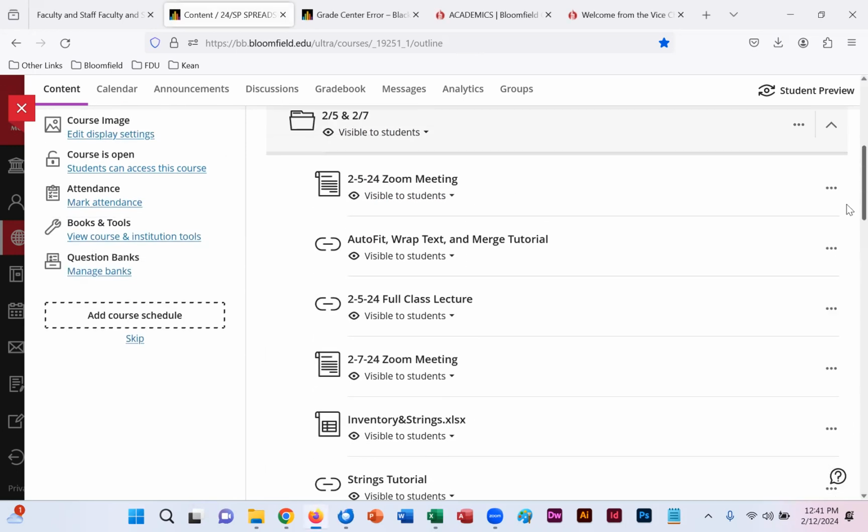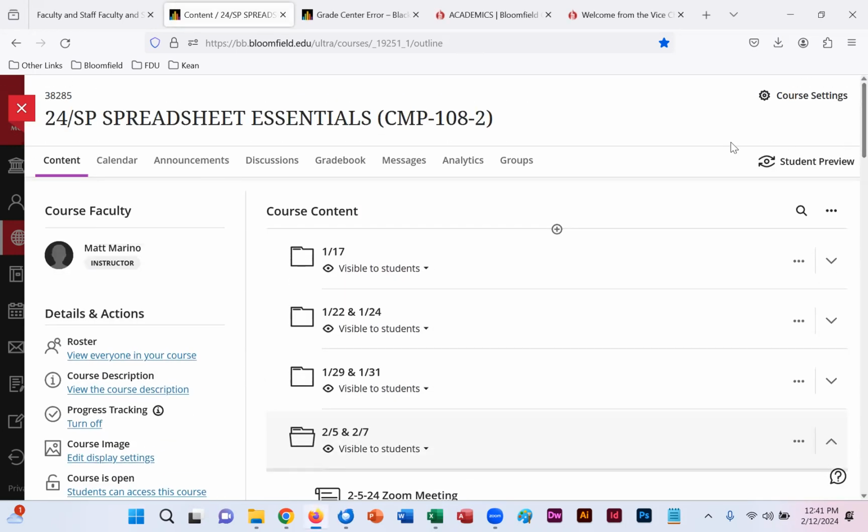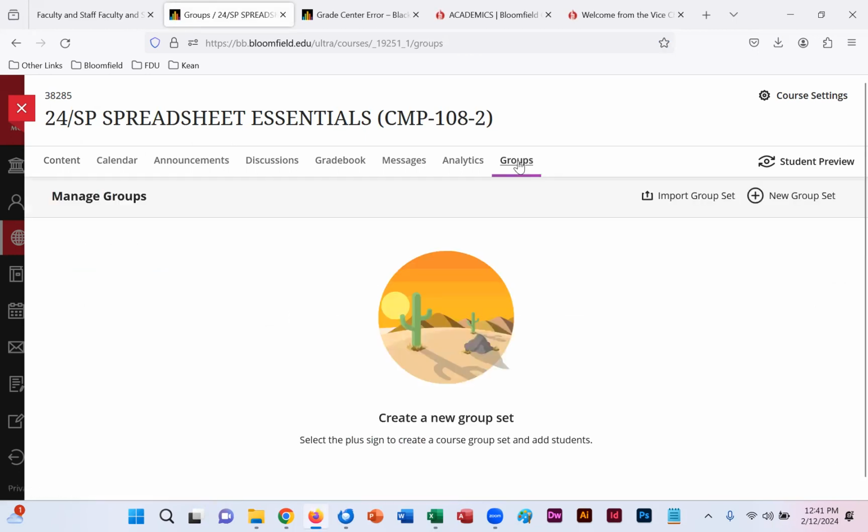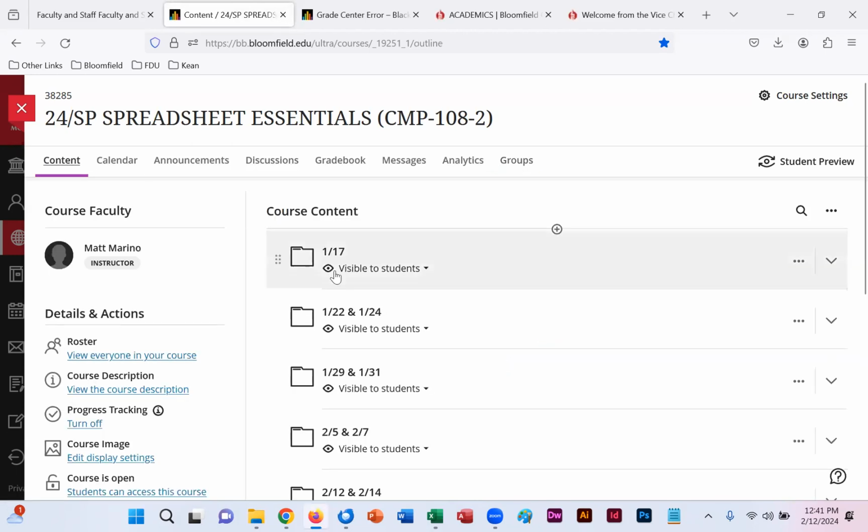If before class on Wednesday you come up with who you want in your 3-person group, go ahead and email me. That's perfectly fine. So what I do is I click this groups tab and I'll set up a place for you and your group members on here, and you can message back and forth and set up whatever you got to do, your group chat, your group text, whatever you're going to do.